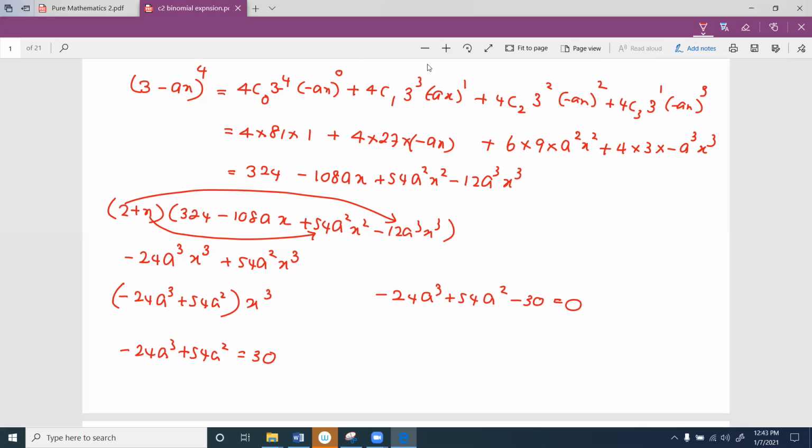Right, so this is right. Okay, these are the two expressions where we need it. 2 times of minus 12x³, and over here is 54a²x². So yes, I think up to there is correct.